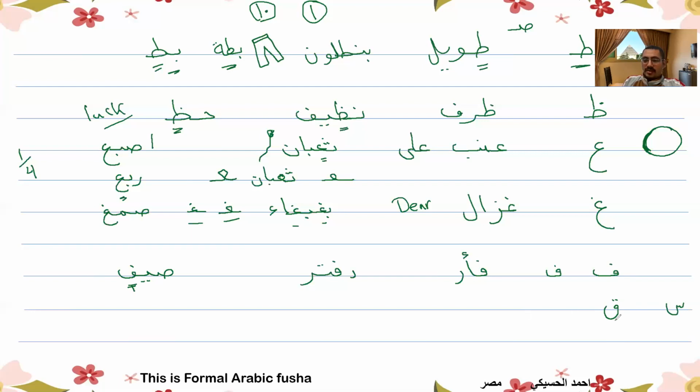Qaf has two dots above. In the first position, it changes into the line as fa. Qaf in qalam means pen. Say means said, qala.